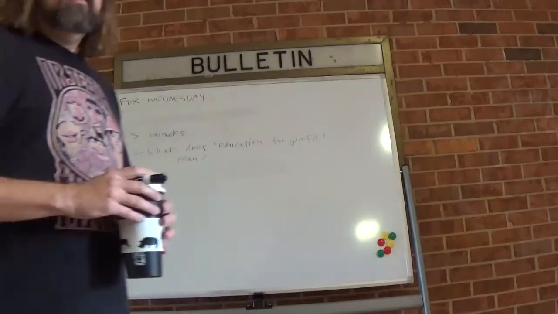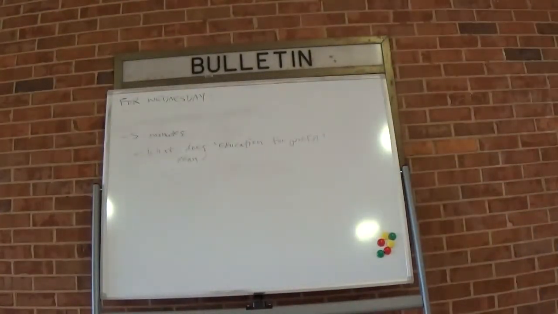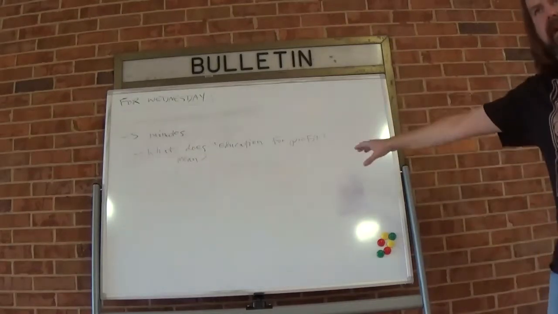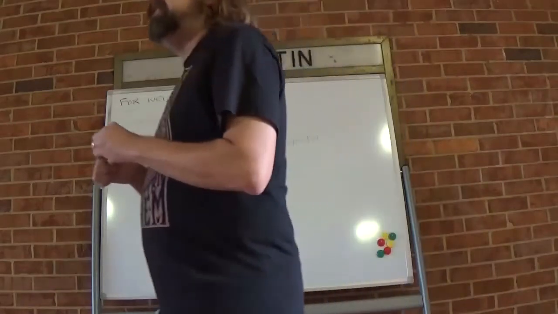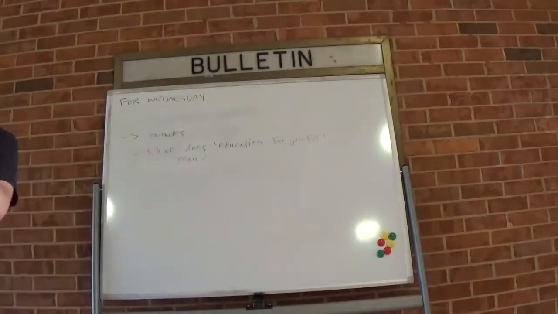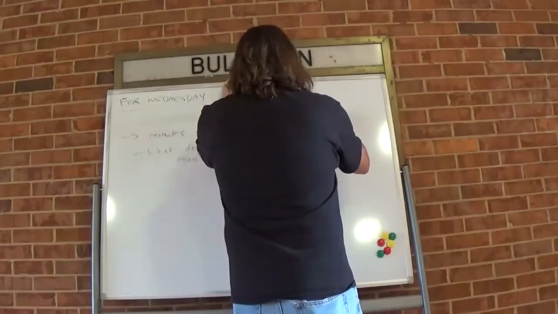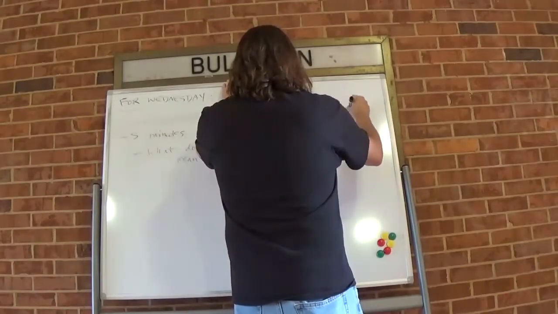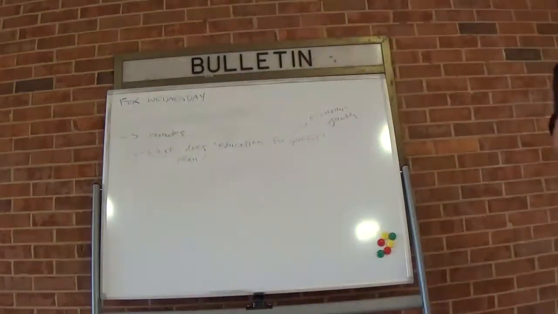Okay. So yeah, I think what Nussbaum is doing is connecting the idea of education for profit to education for economic growth, right? So she actually has a specific definition of profit in mind when she talks about profit. Okay. Good. Renderi, what did you write?